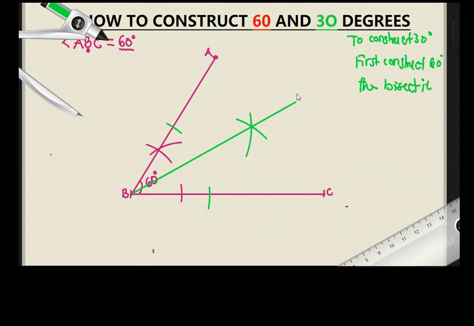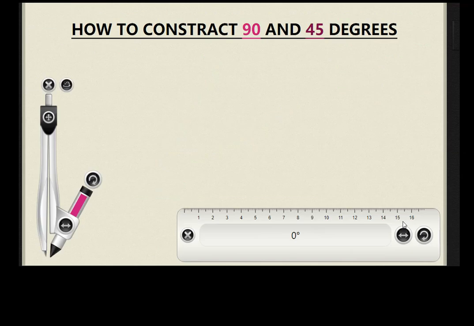So if I can call this X, then it means this angle that is formed here is 30 degrees. So for you to construct 30 degrees, first you need to construct 60, then bisect 60 to get 30 degrees.